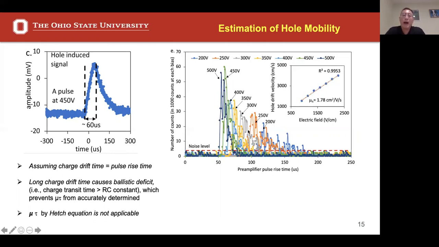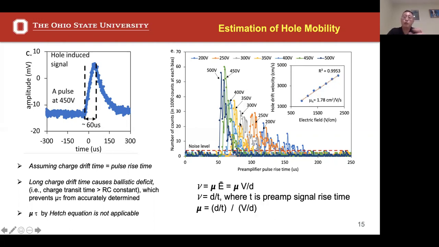You can apply higher voltage, and because the velocity of the carrier equals mobility mu times the electric field, the higher the voltage you apply, the faster the carrier will be. So you can see that for 450 volts it is about 60 microseconds, and for 500 volts a little bit over 50 microseconds. From this we can make a plot of electric field versus hole drift velocity.